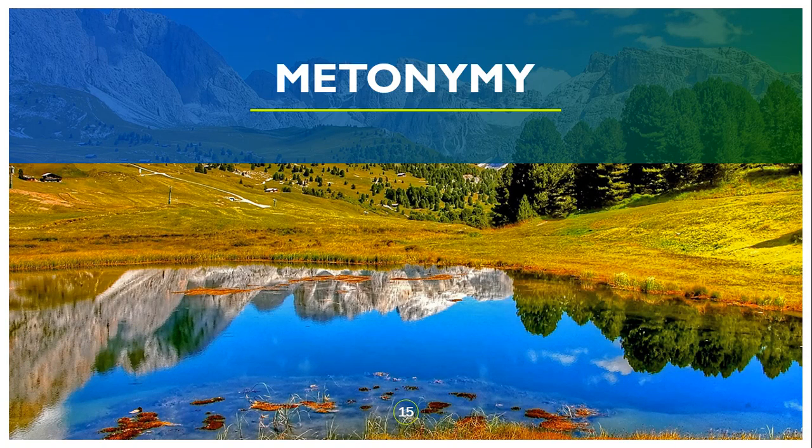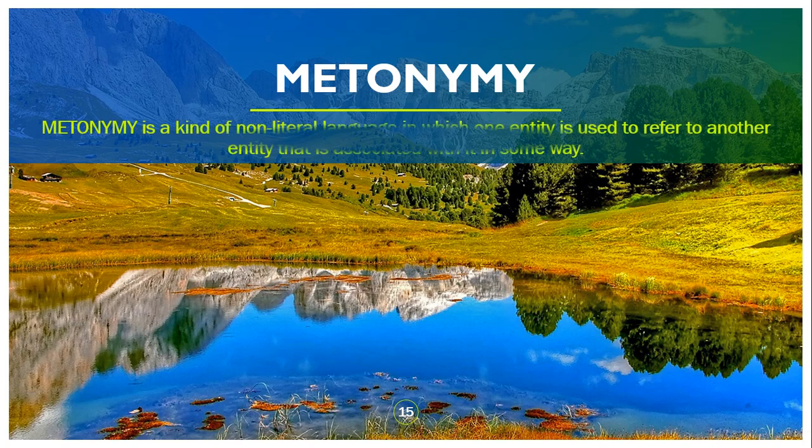Okay, next, metonymy. Okay, metaphor finished and then metonymy. This is a non-literal meaning. Definition of metonymy: metonymy is a kind of non-literal language in which one entity is used to refer to another entity that is associated with it in some way.